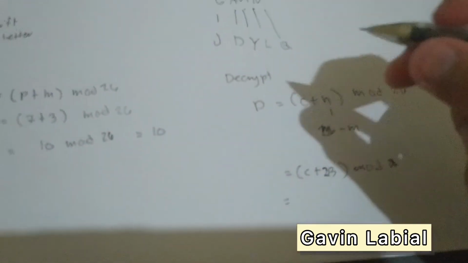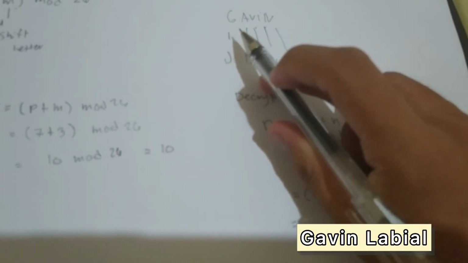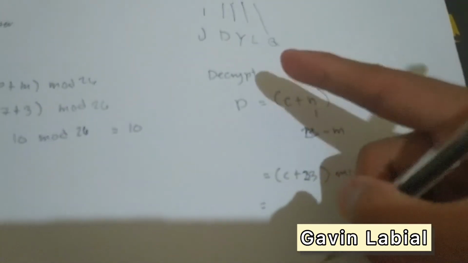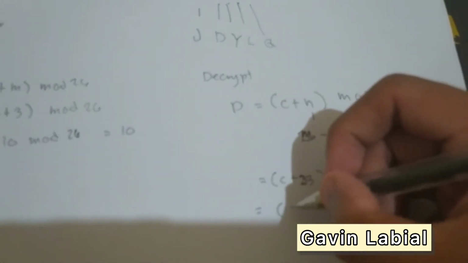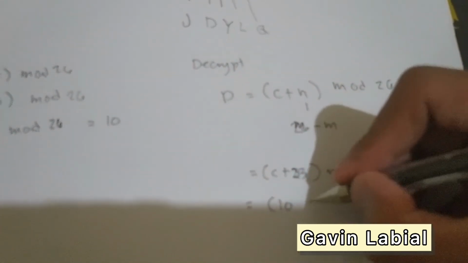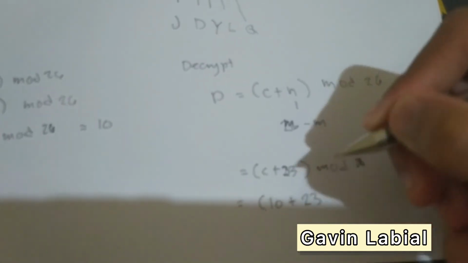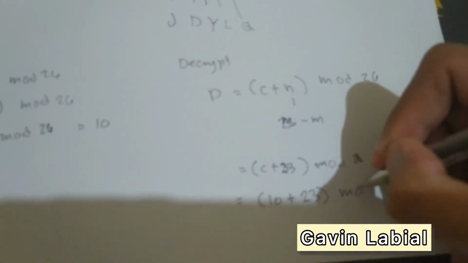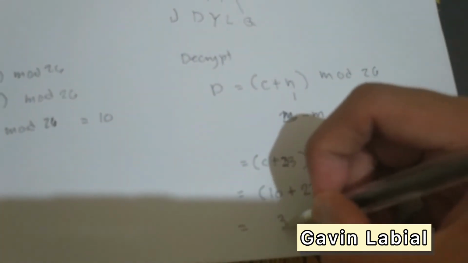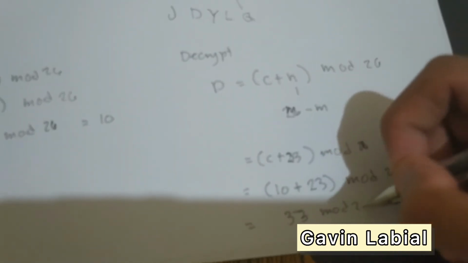Now, in order to decrypt J, we can turn it back to G. We all know that J is equivalent to 10, since that is its numerical value in the alphabet. So we add 10 to 23 modulo 26, and that results in 33 modulo 26.